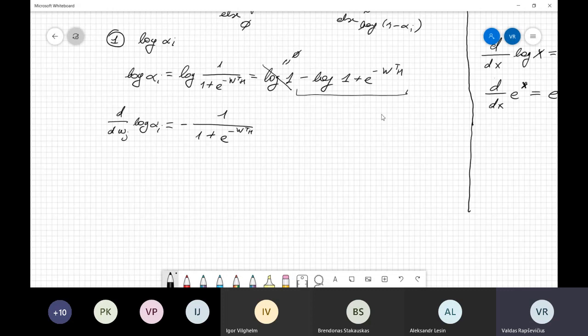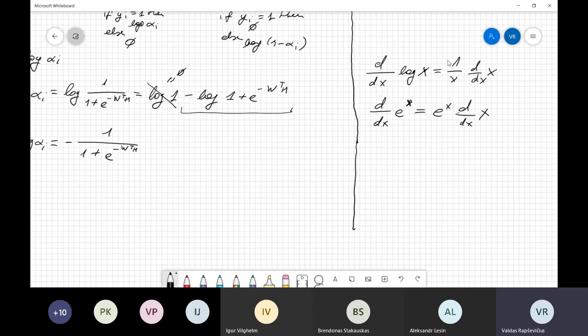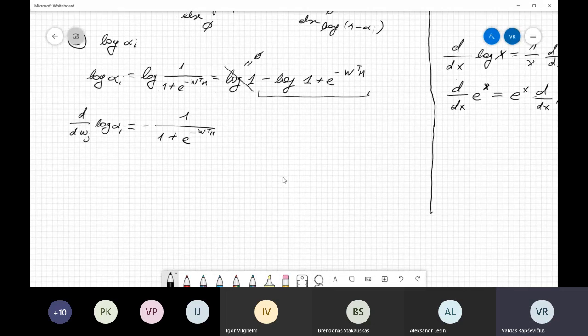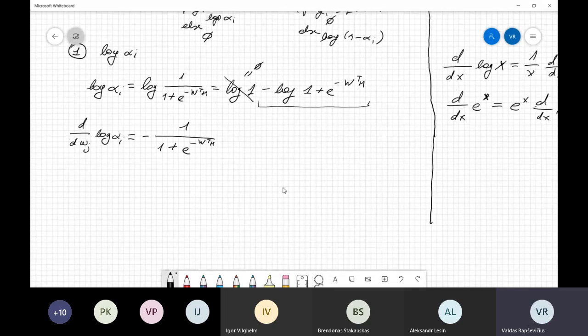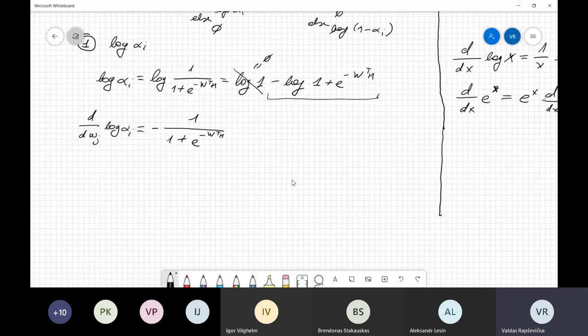So we have this part here, and now we have to express the derivative of x. Let me write it down: the partial derivative with respect to Wj of the function 1 plus e to the minus W transpose h.